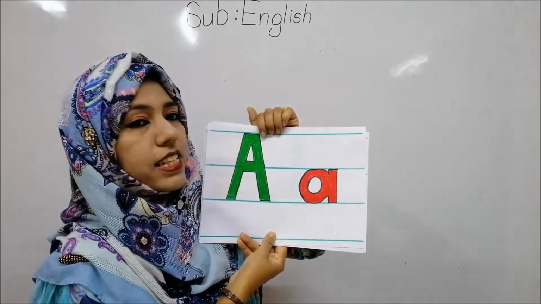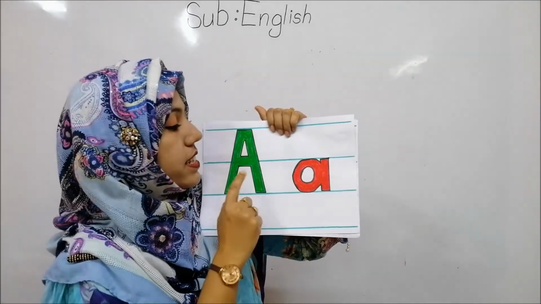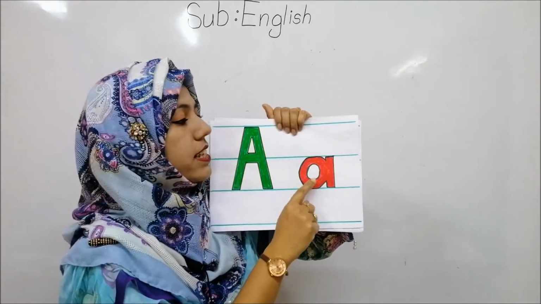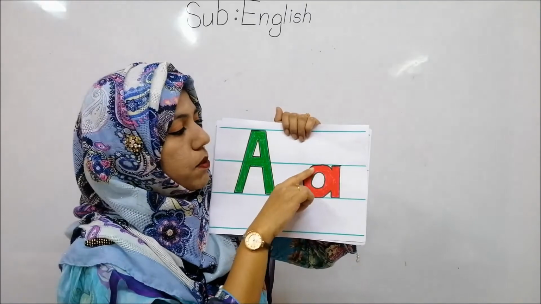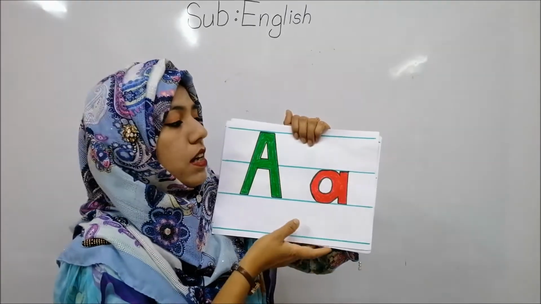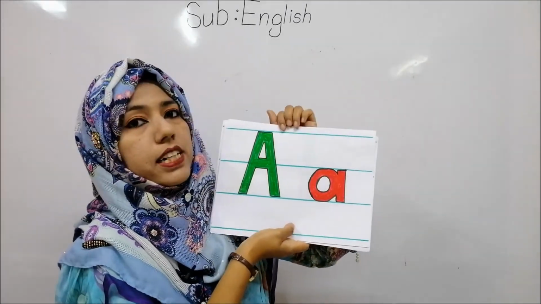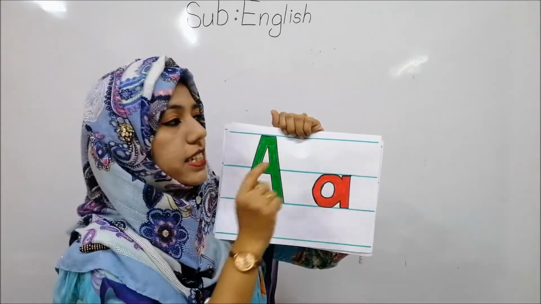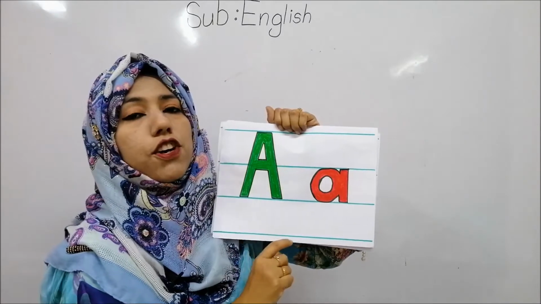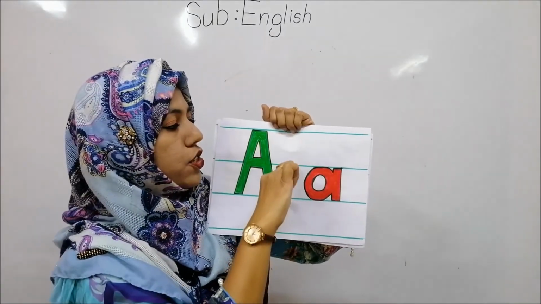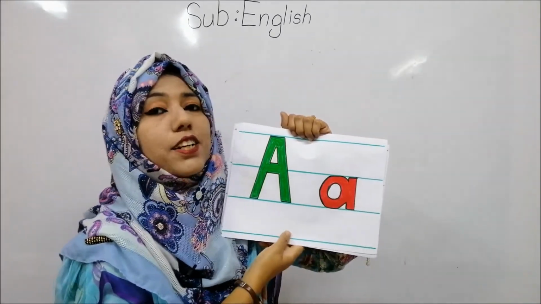Students, look, this is the letter A. This is capital letter A and this is small letter A. Look where I have written small letter A. In our English copy there are 4 lines, right? 1, 2, 3, 4. 4 lines and 3 rows.